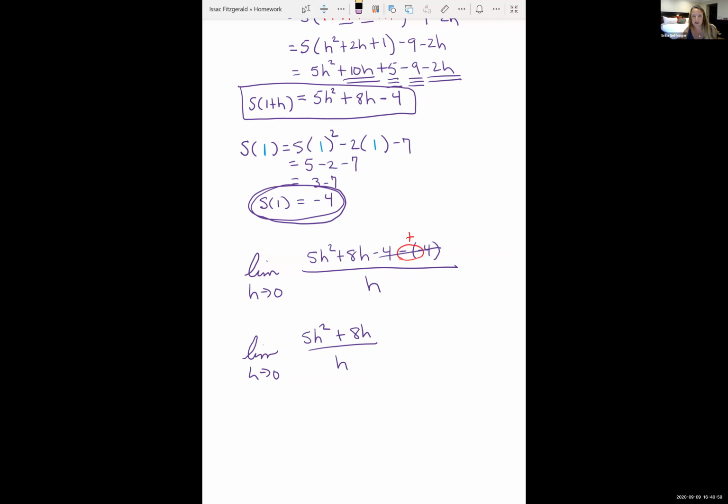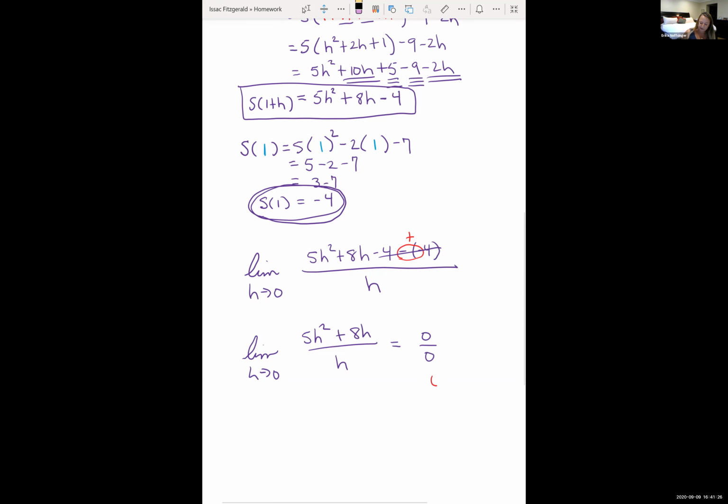We can use our limit laws. We have a polynomial in our numerator. We have a polynomial in our denominator. So we could look at the limit of the numerator as h goes to 0, all over the limit as h goes to 0 of the denominator h. But if we did that, we get that indeterminate form, that 0 over 0. So remember that didn't tell us anything, and we had to go back in and manipulate it.